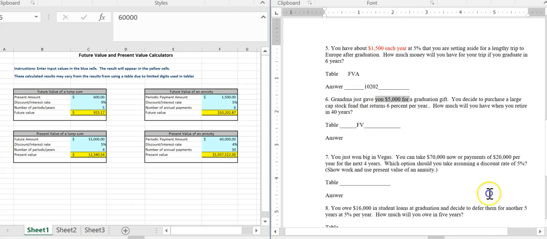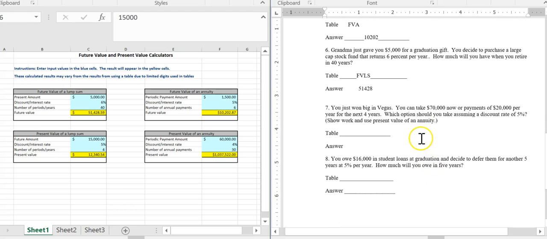Doesn't say it's an annuity, so we're going with lump sum. Future value of a lump sum over here for $5,000 at 6%, 40 years. Well, Grandma's present now is worth $51,428.